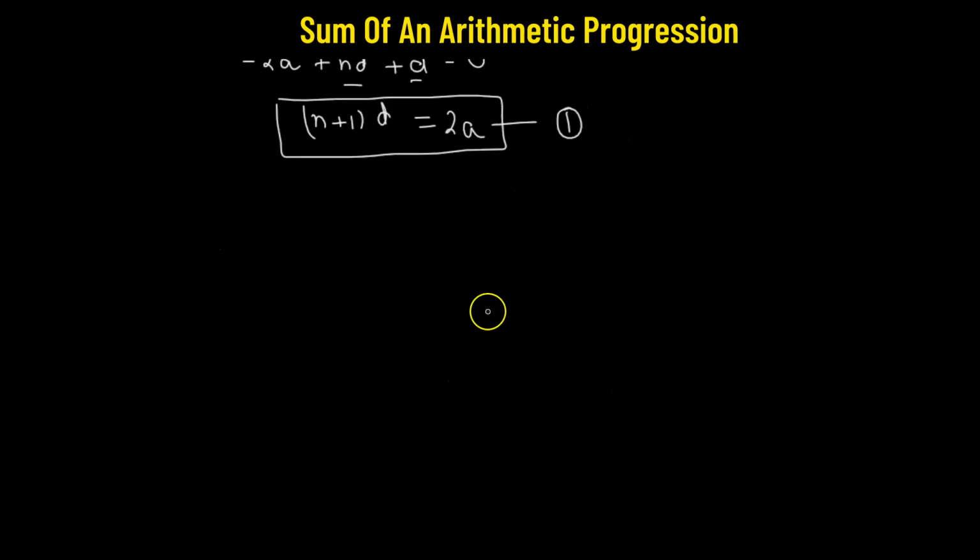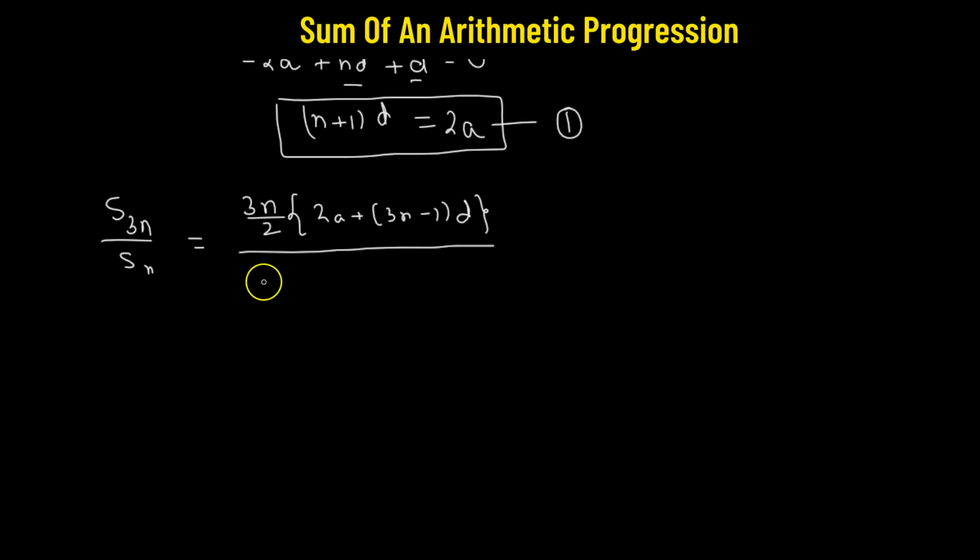Now, our task is to find out the ratio of the sum up to the 3n terms to that of the sum of the n terms. So we know that this is going to be equal to 3n over 2 multiplied by 2a plus 3n minus 1 times the common difference d, divided by n over 2, the sum to the n terms, multiplied by 2a plus n minus 1 times the common difference d.